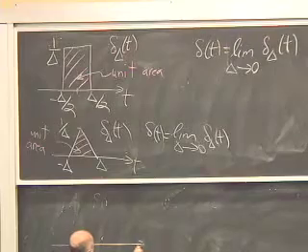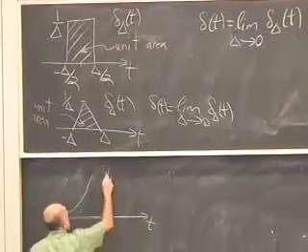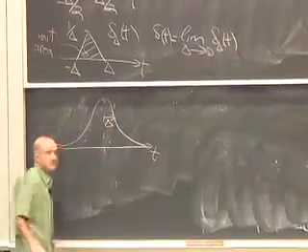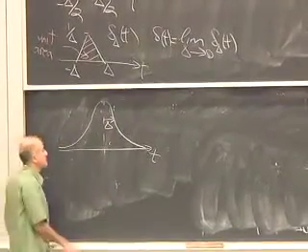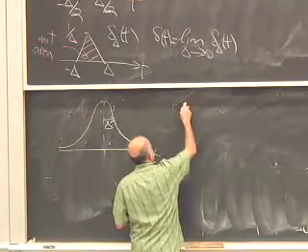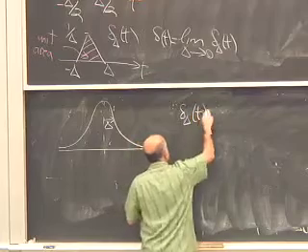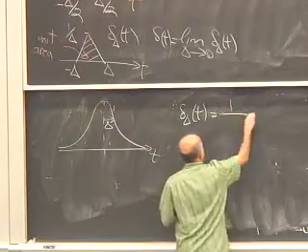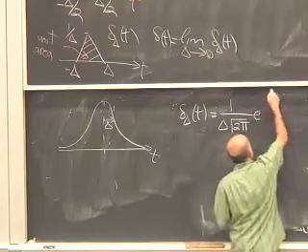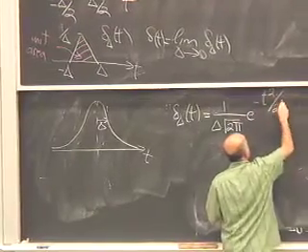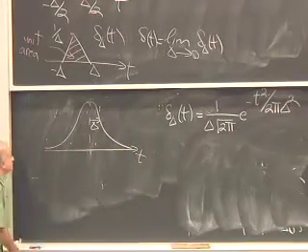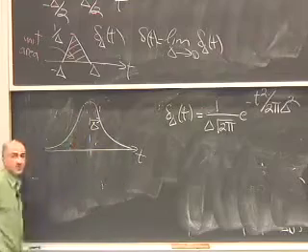So here's a bell-shaped curve, or the Gaussian. If this is a probability function, its standard deviation is sigma. I can define delta sub delta as 1 over delta square root of 2 pi e to the minus t squared over 2 delta squared. In probability, you can show that this curve has unit area.